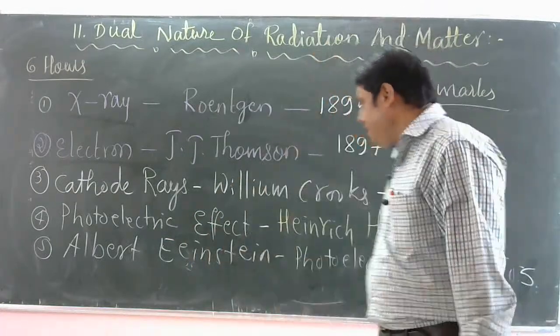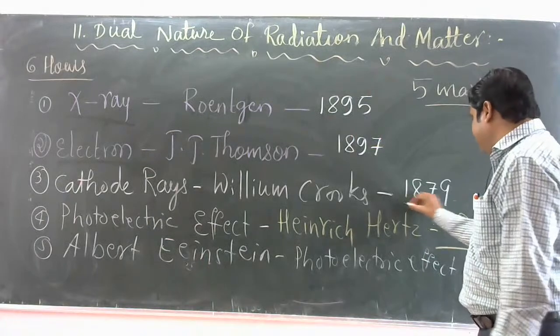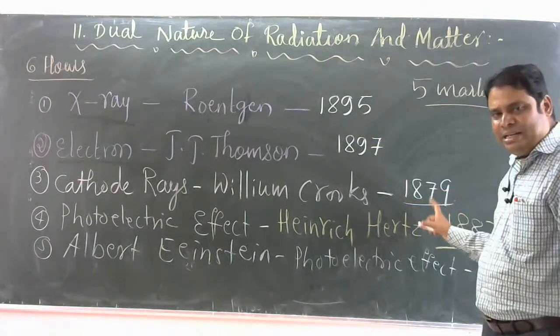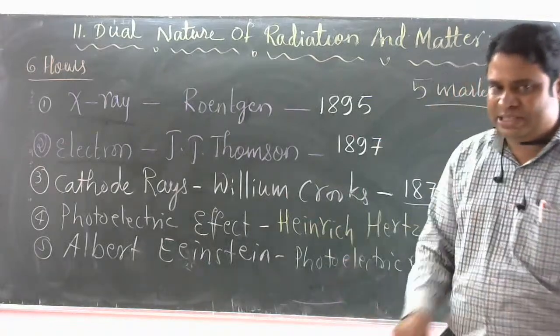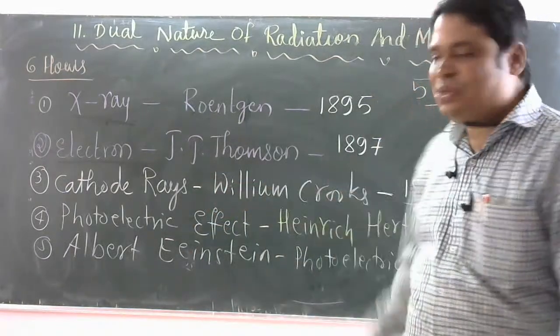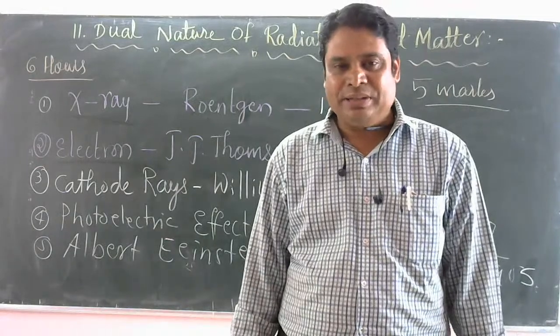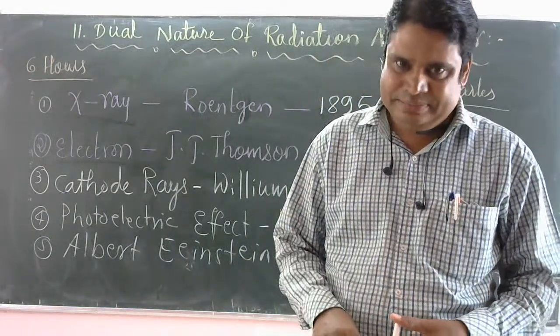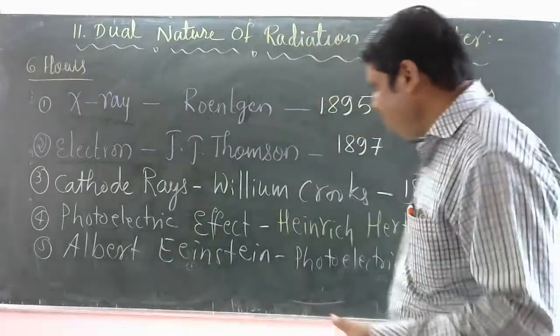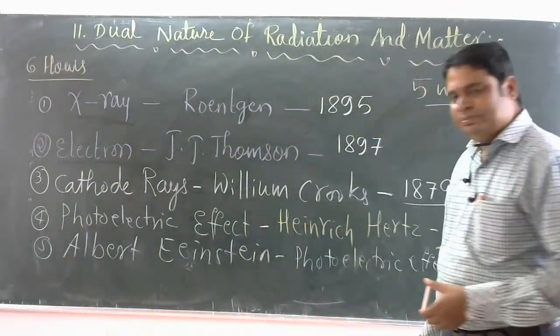At the same time, around 1879, see the year 1879, William Crookes, a British scientist, observed some cathode rays. What are cathode rays? We will discuss it. You know cathode rays better.